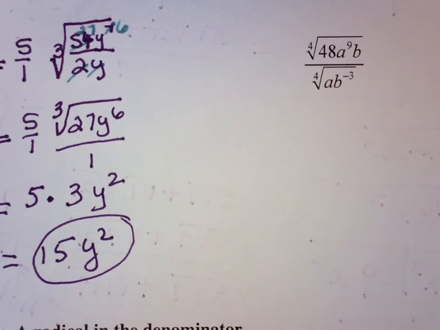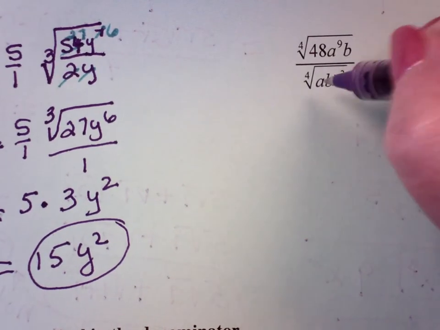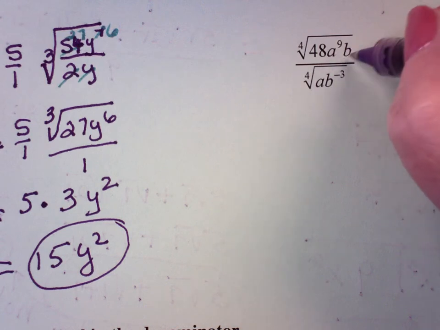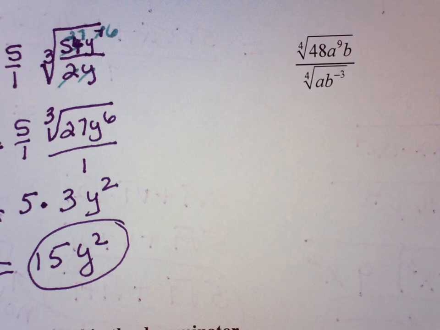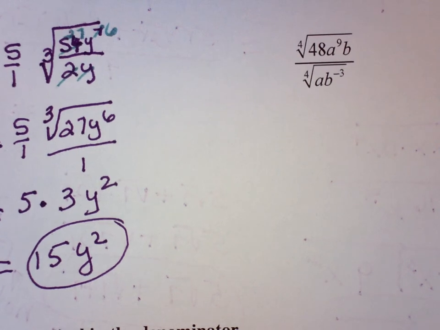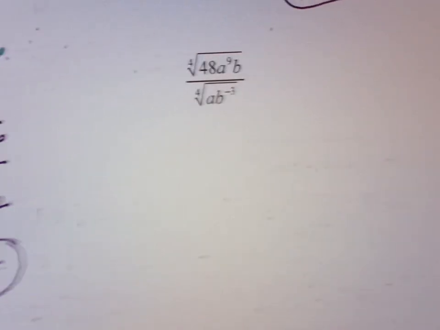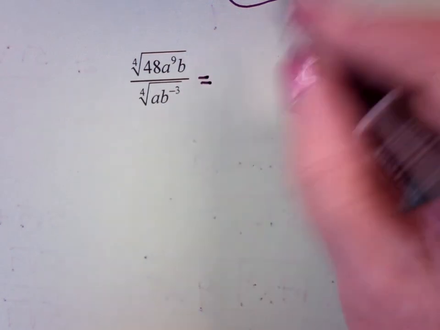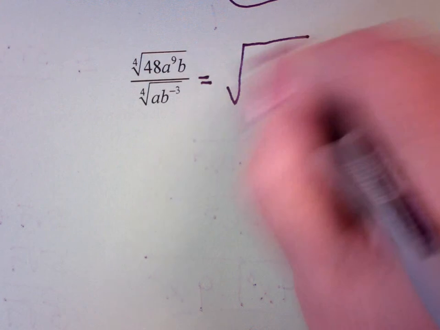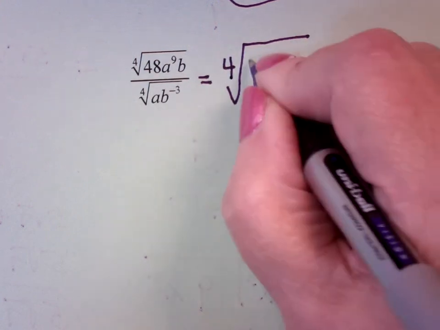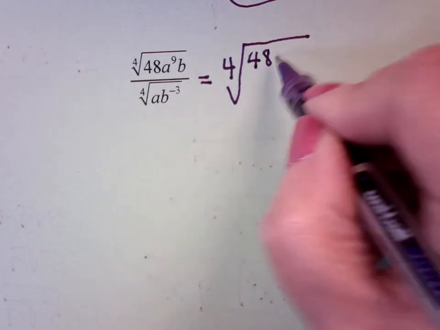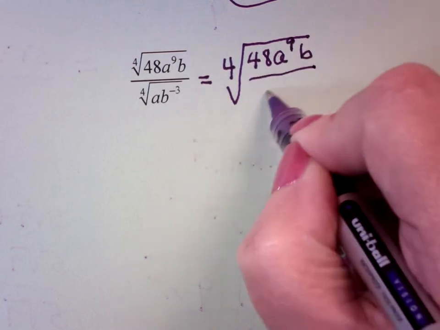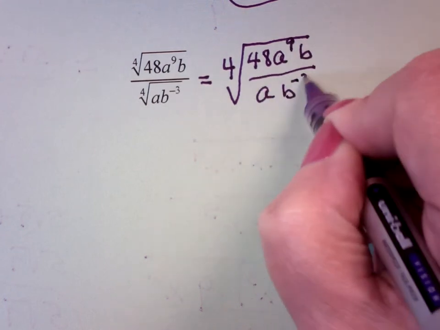Now we've got a fourth root. But I noticed that I've got A's and B's in the denominator, A's and B's in the numerator. That means if I put them under a single radical, I can reduce things down. So under a fourth root, I'll have 48 a to the ninth b over a b to the negative 3.